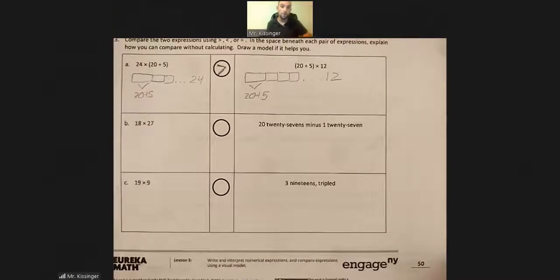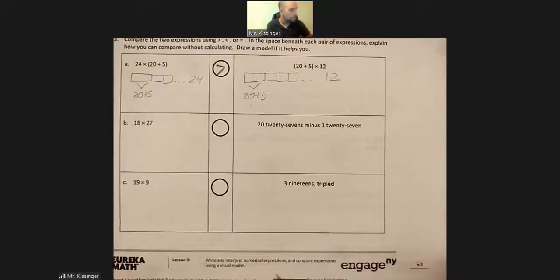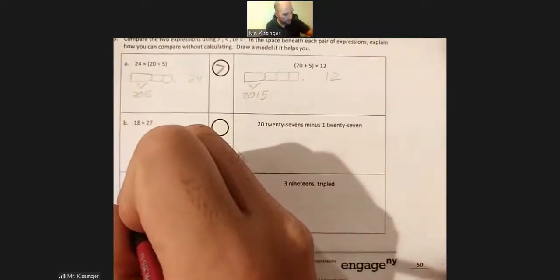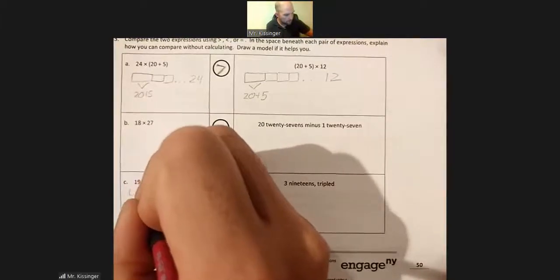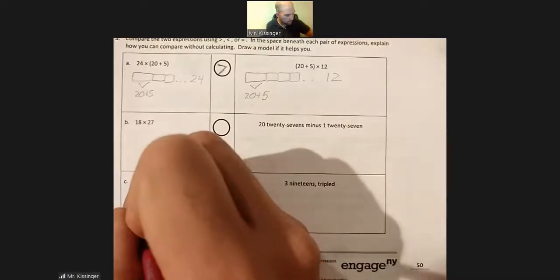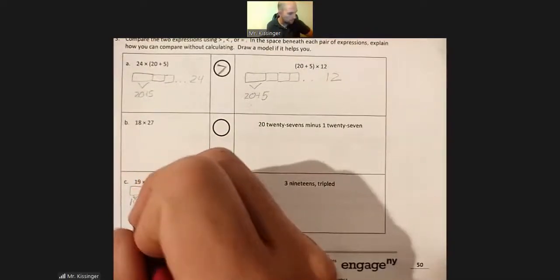All right, let's try one more. So 19 times 9, and on the right over here we have 3 19s tripled. So let's look at 19 times 9. So we have 19, our box right here, and we have 9 of those.